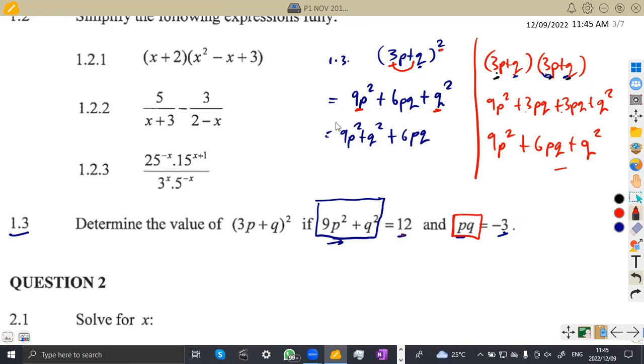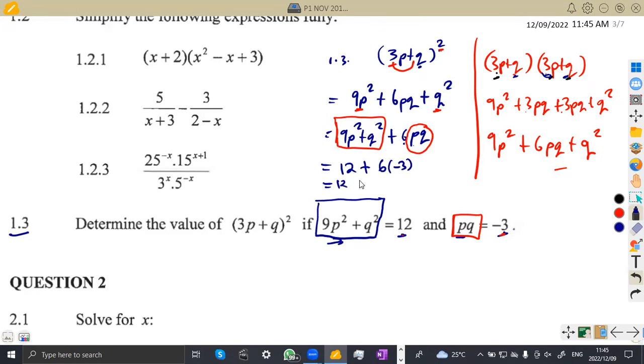So you're supposed to substitute now in place of 9p squared plus q squared. The whole of this expression is equivalent to 12. So this is 12 plus 6pq, that's 6 multiplied by pq. So you are substituting this pq here by a negative 3. So this is going to be plus 6 times negative 3, or you can just open brackets to represent negative 3.